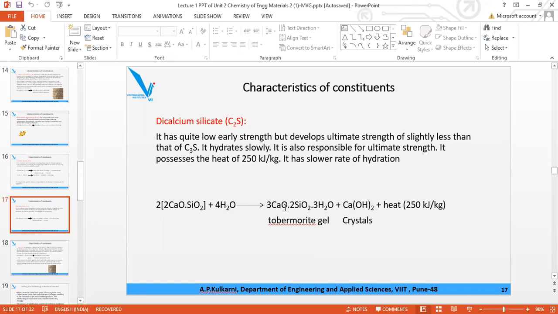First product is the same 3, 2, 3, and next is instead of 3 Ca(OH)2 only 1 Ca(OH)2, and here it is 250. See, 880, 420, 500, and this is 250. Remember the constituents C3A, C4AF, C3S, C2S: 880, 420, 500, 250.